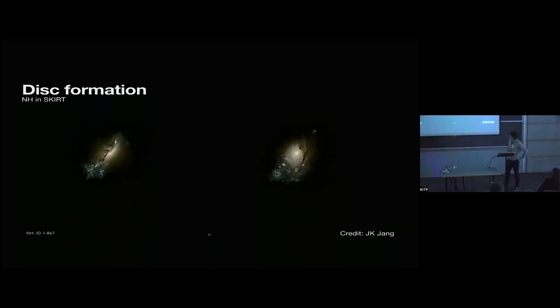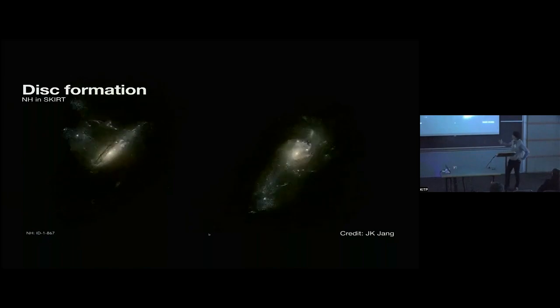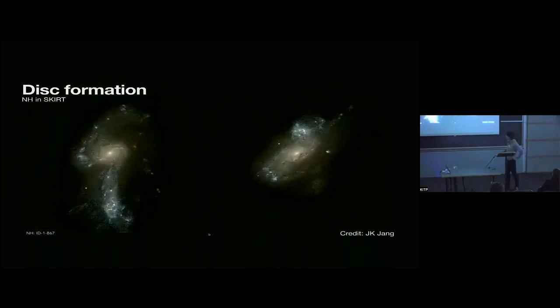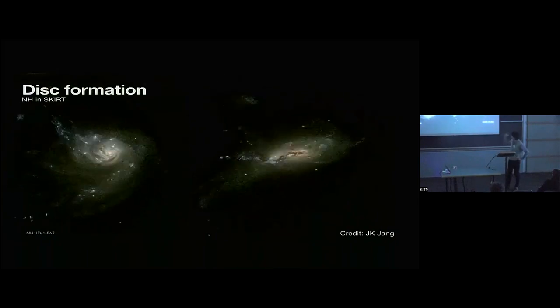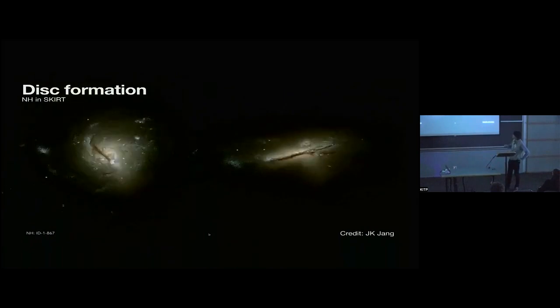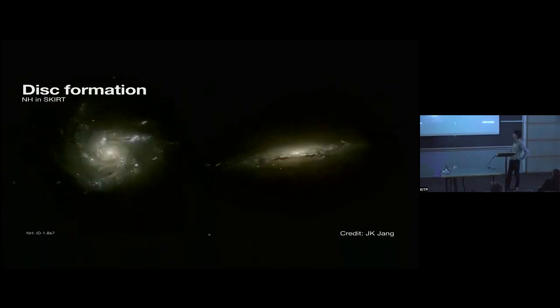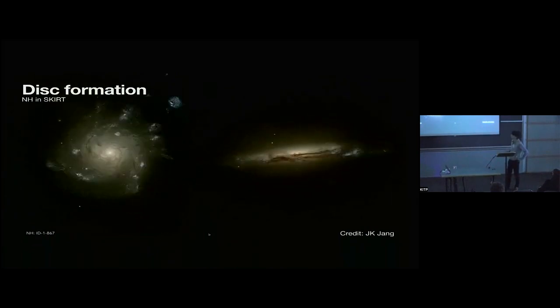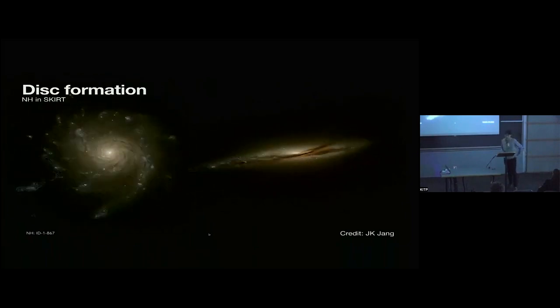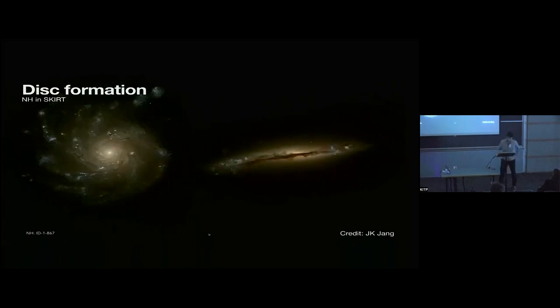At some point, with some influence from the neighborhood, maybe the cosmic web, I must say it at least once in this conference, you begin to see a beautiful disk developing. And unless there is further perturbation through major mergers, it will maintain its disk beautifully, just like this.